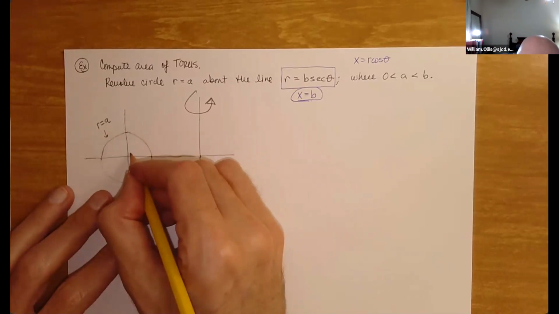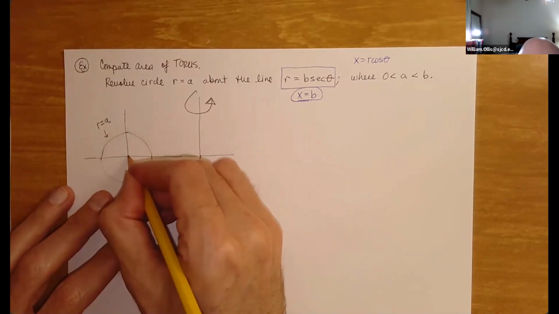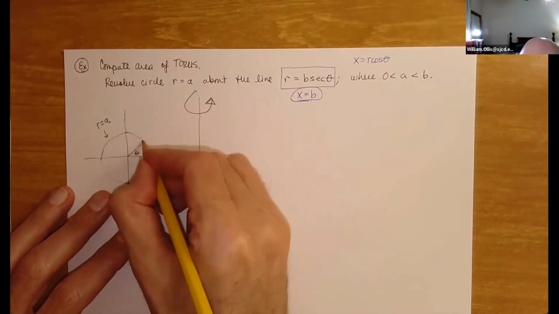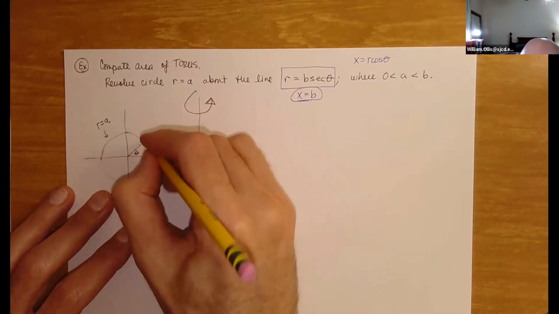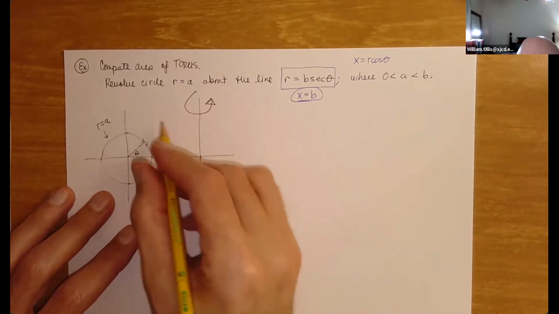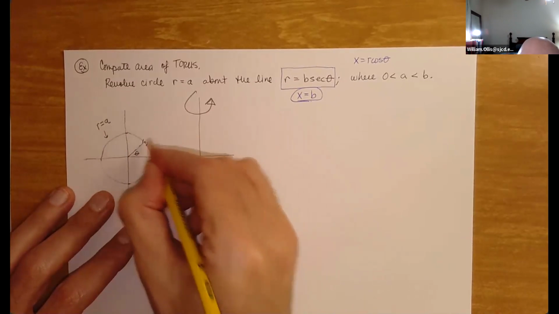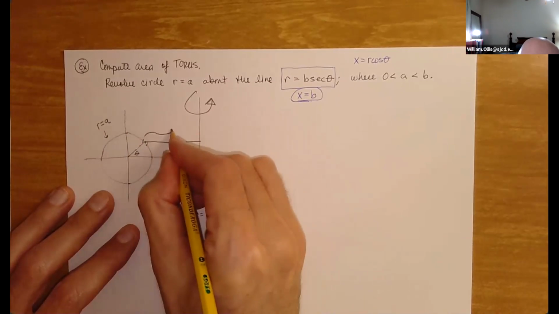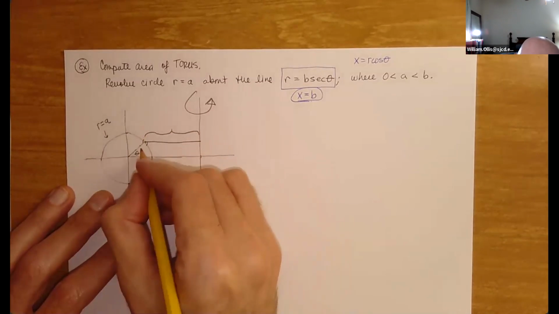But now notice if we take a theta here, we have an element of arc length. We need this distance right here, the distance to the axis of revolution. That's easy to do because we just have Pythagorean.